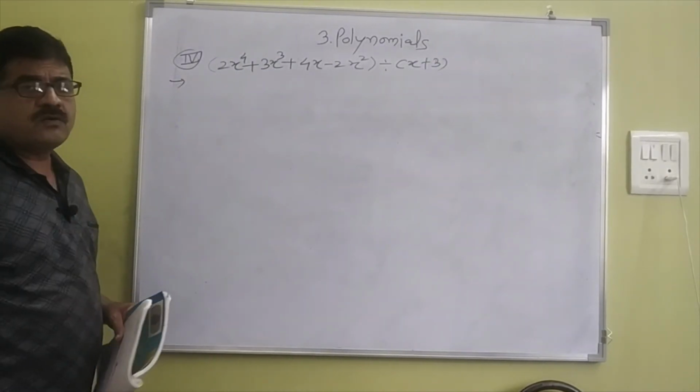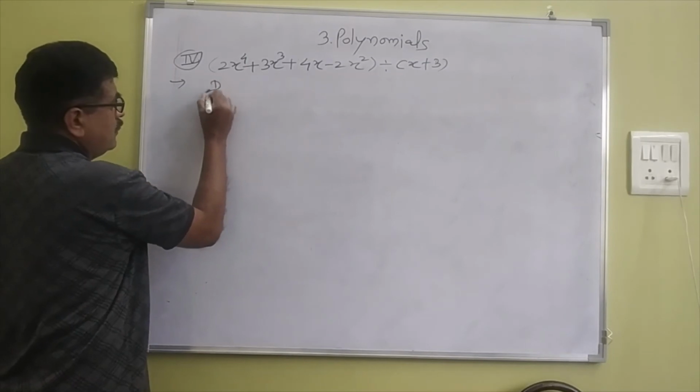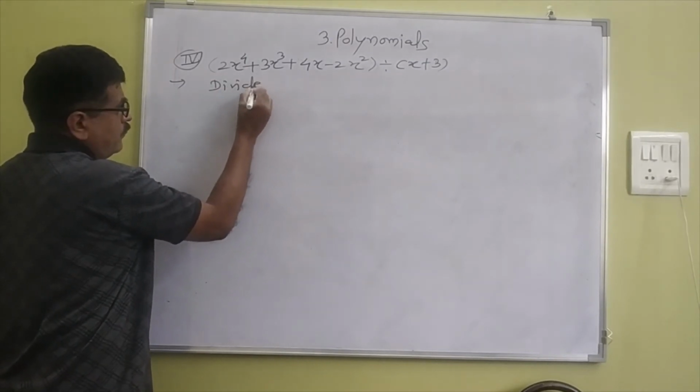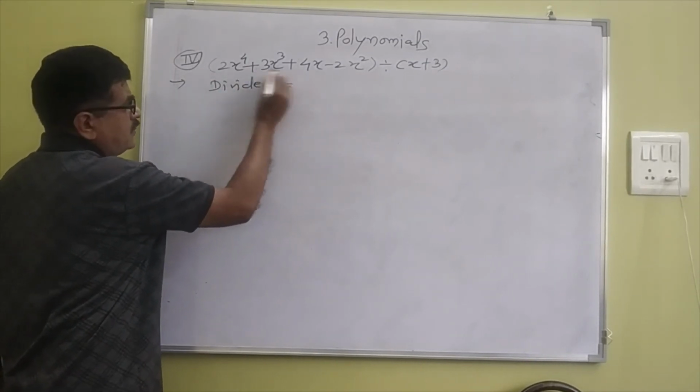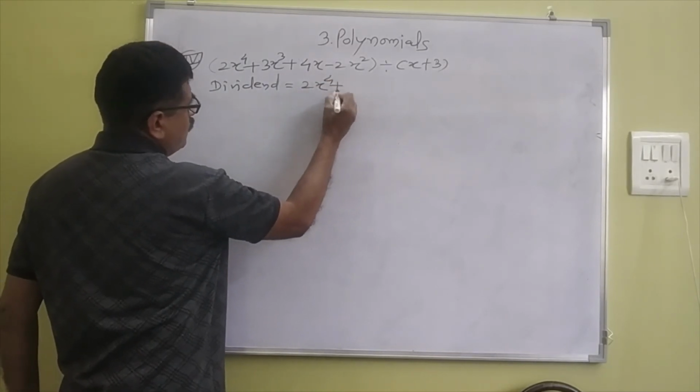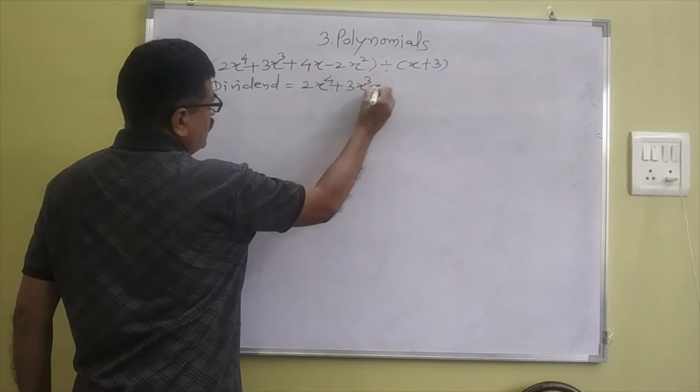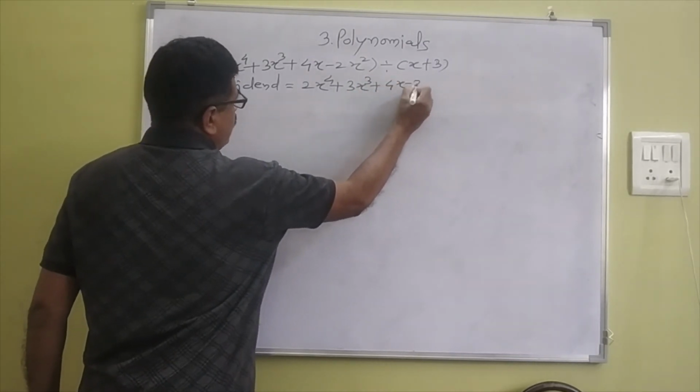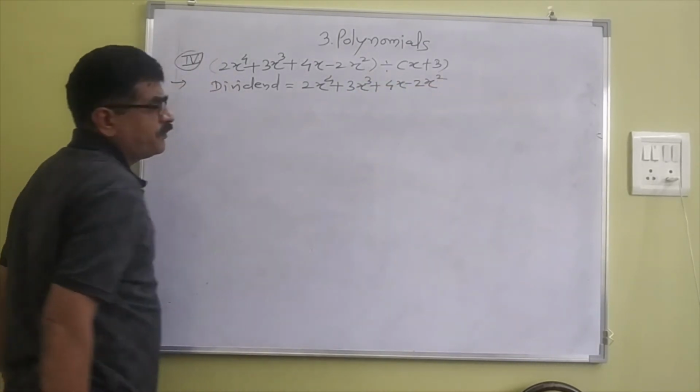Now first write down dividend. Dividend is equal to, write down this as it is: 2x to the power 4 plus 3x cube plus 4x minus 2x square.